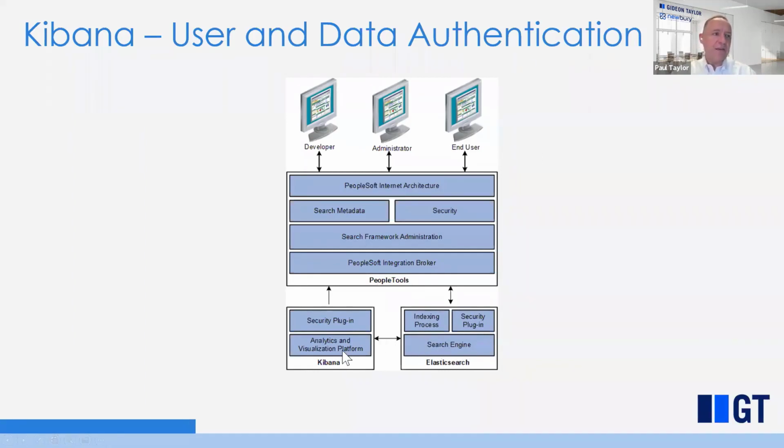That same data gets used to actually provide those visualizations and analytics. And then Kibana also has this security plugin that lets you integrate with PeopleSoft and secure the data appropriately. But you're really accessing all of that through the PeopleSoft Internet Architecture.